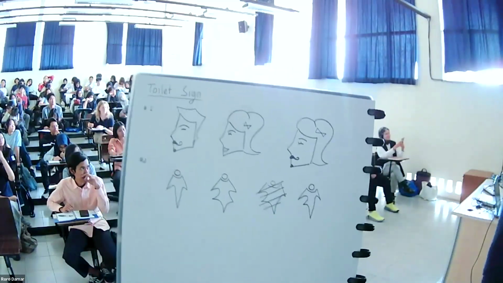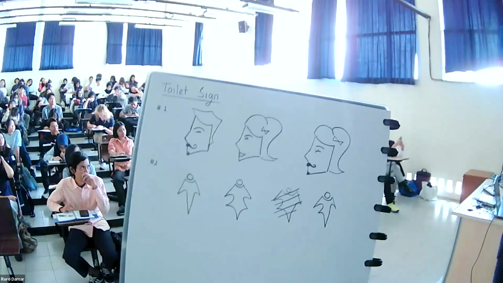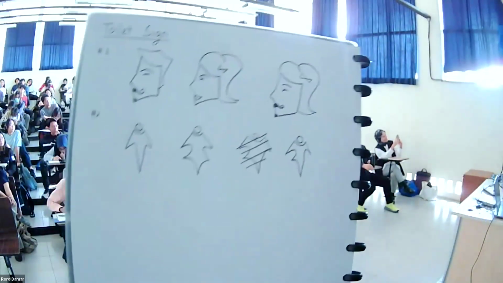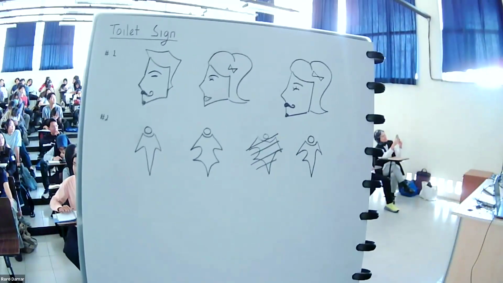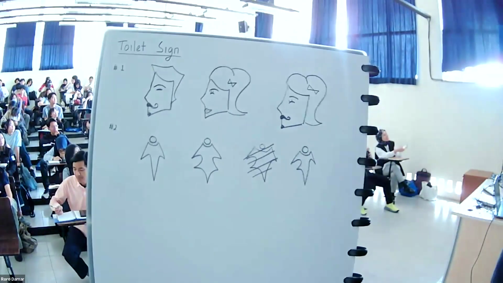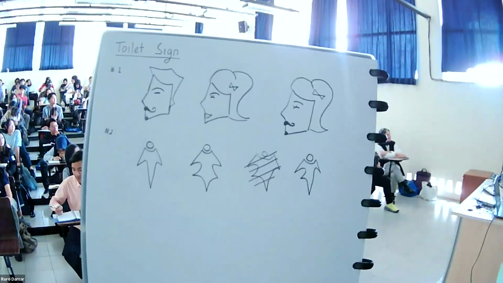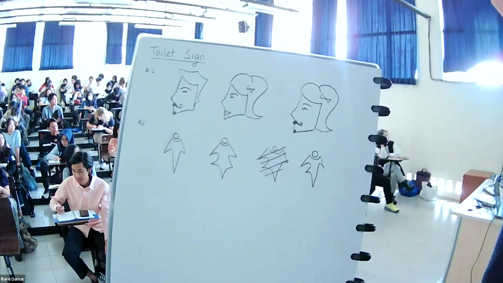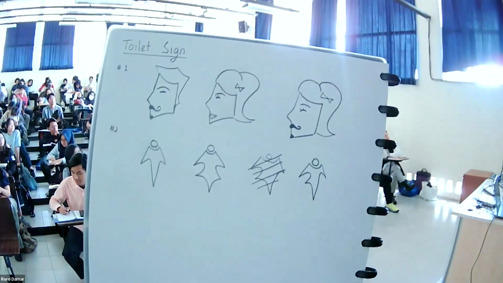And for the bottom one, I think I just got lazy at the end, so for the male part, I just make it sharp pointing downward, and for the female one, I make it like a skirt, and I think it's pretty standard everywhere. Terus buat yang gender neutral itu kayak setengah-setengah gitu.